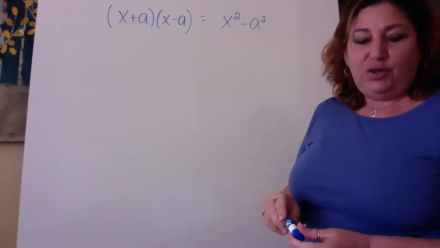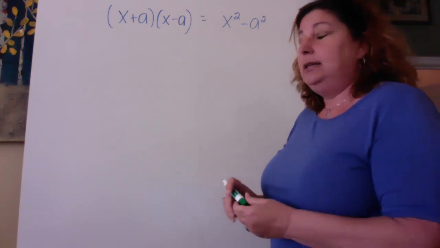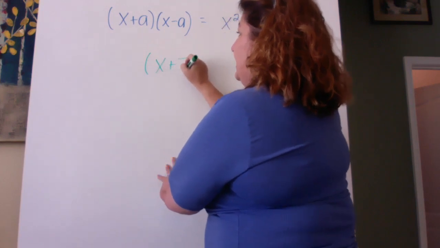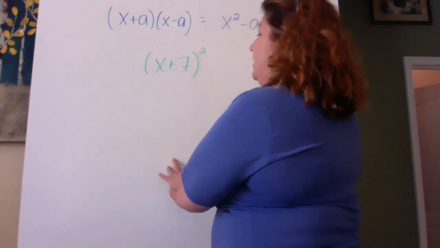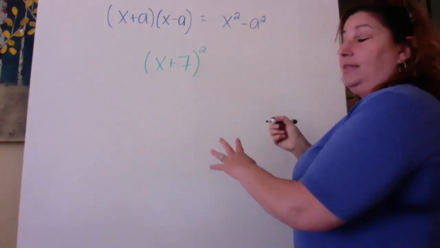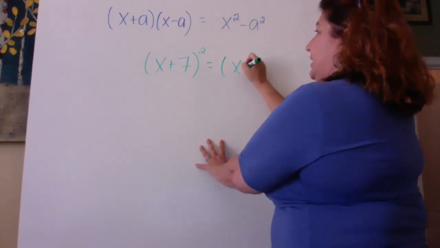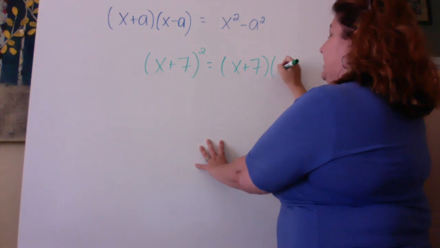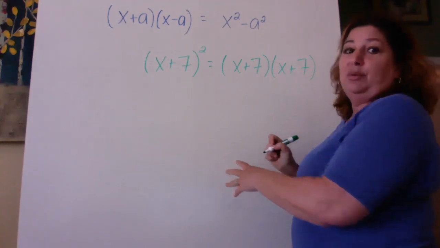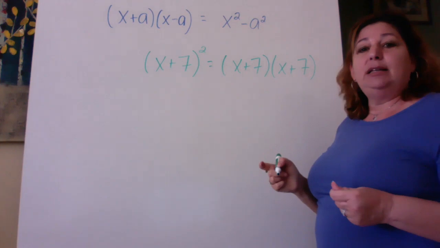Another situation that you might encounter is if you get a binomial and they just say x plus 7 squared. Whenever we square something, that means you multiply it by itself, so 2 times. So here I'm getting x plus 7 times x plus 7. It looks similar to what we just did, but this time both signs are the same, so it's going to be a little different.